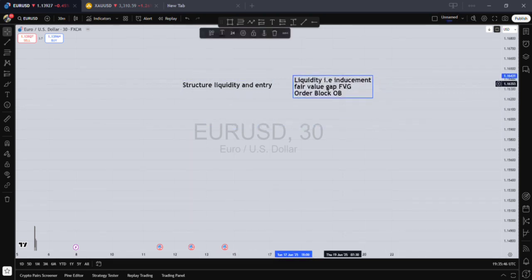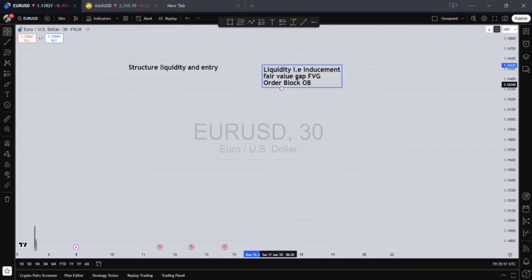So these are the three key things that it involves. Why we included structure is because it is a continuation model.